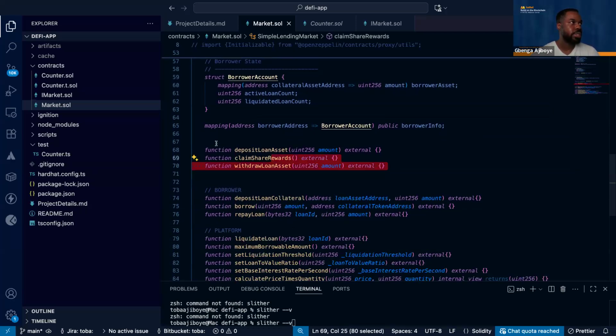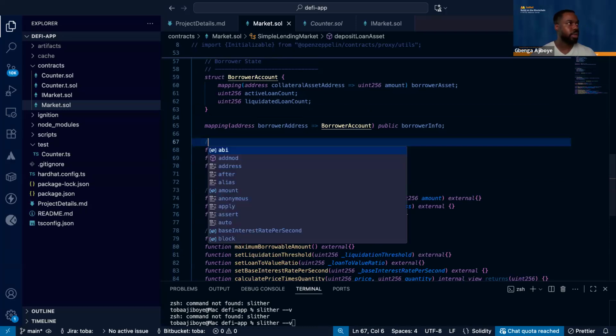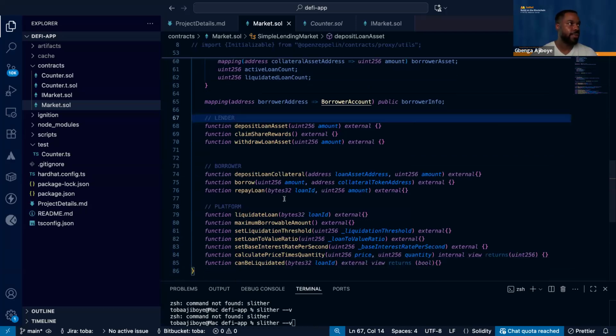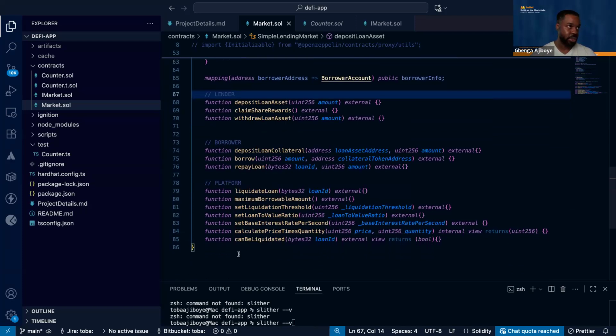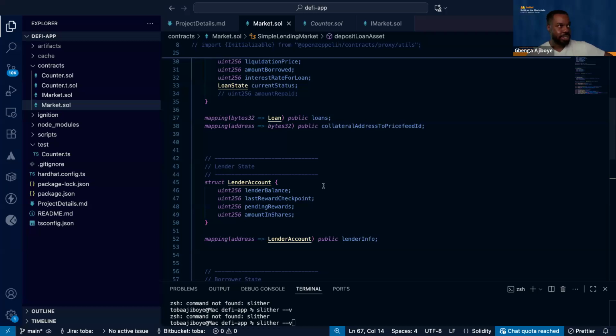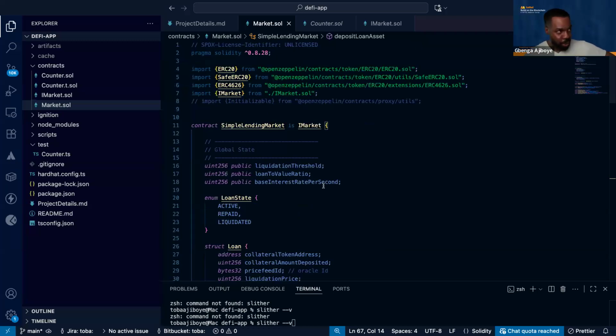These are the lender functions: deposit, claim, withdraw. Borrower functions: deposit loan collateral, borrow, repay loan. And these are the platform features. Yeah, so that's pretty much where we're at.